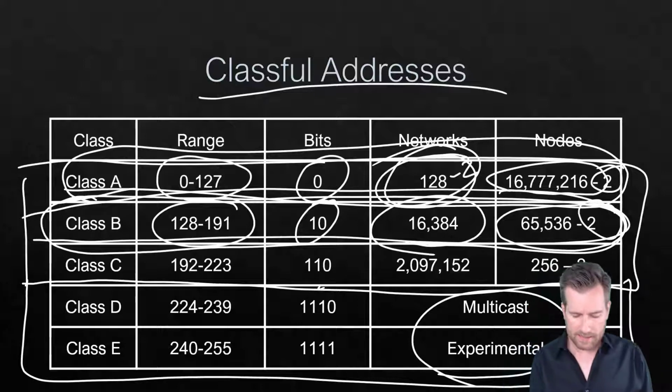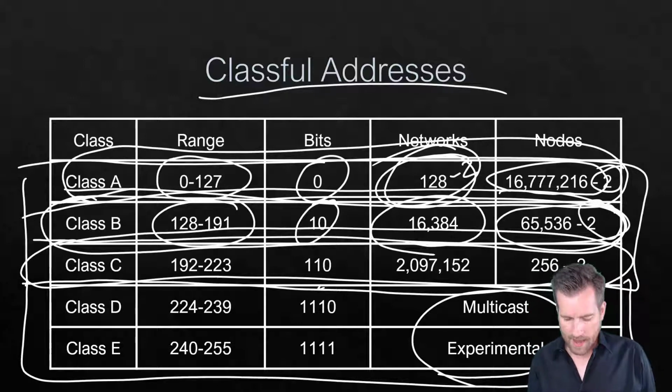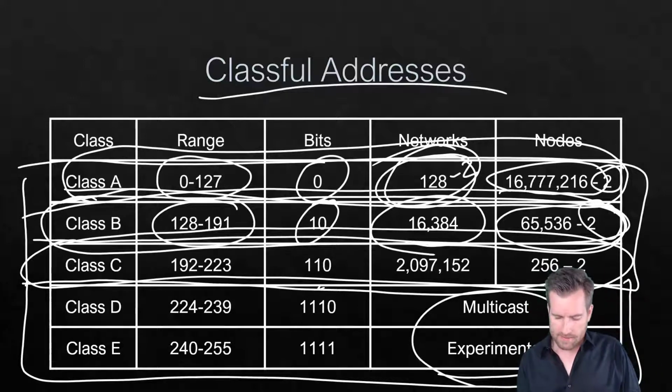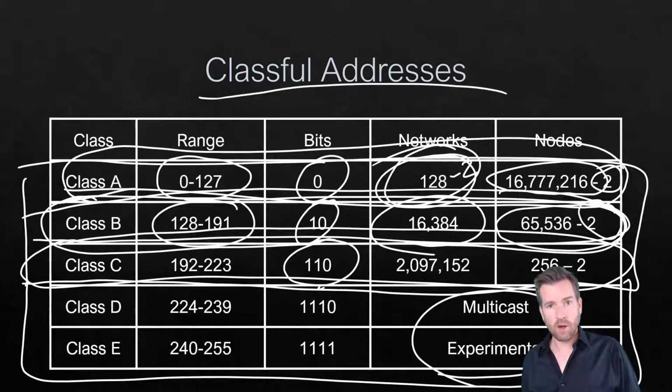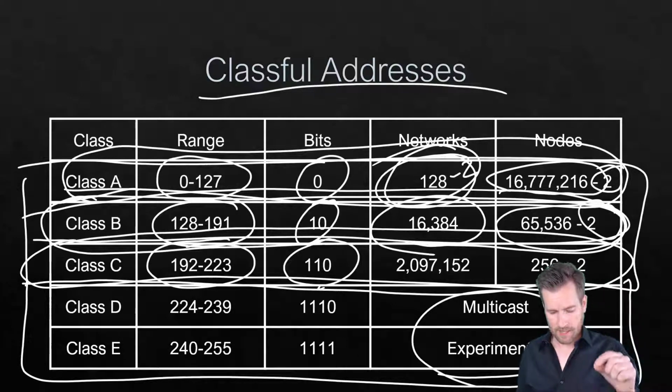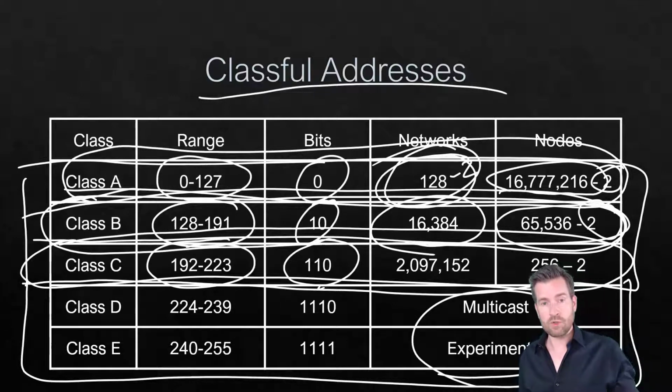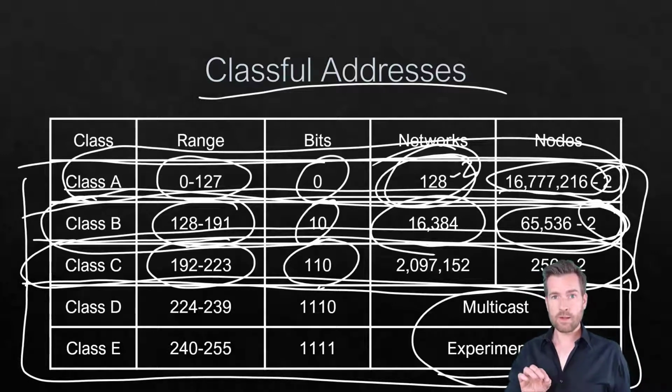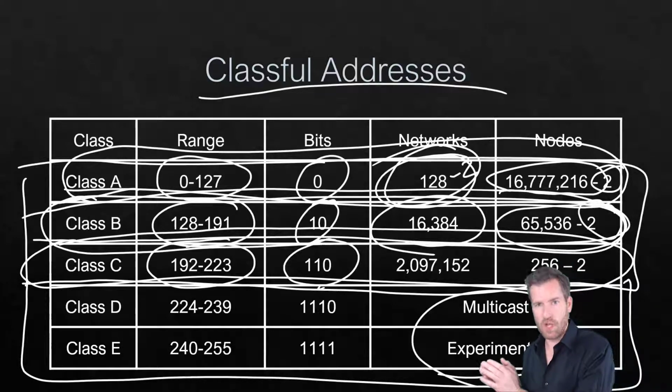Then we have a Class C network. And a Class C network is 110 are the first 3 bits of that. That means that we have the range for the first octet is anywhere from 192 to 223. But keep in mind too with this is then we have the first, second, and third octet represents the network side of it.